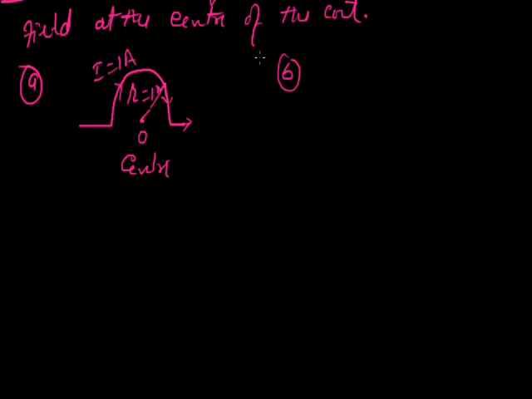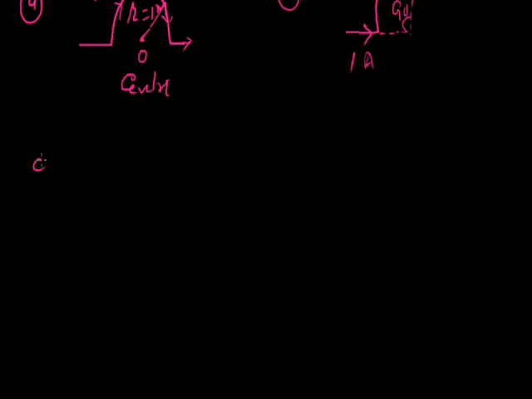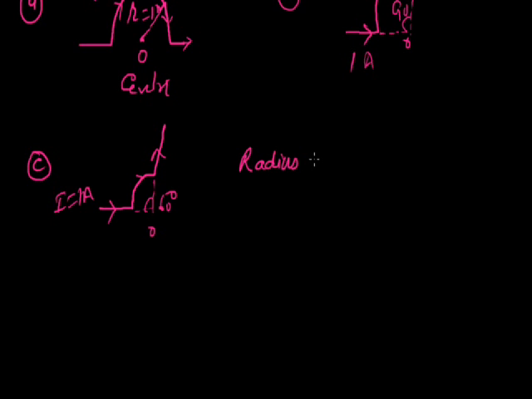Now the B part is 90 degrees, current is 1 ampere. Now the third part: I is 1 ampere, 60 degrees, the center O. Radius in each figure, that's R is 1 meter.